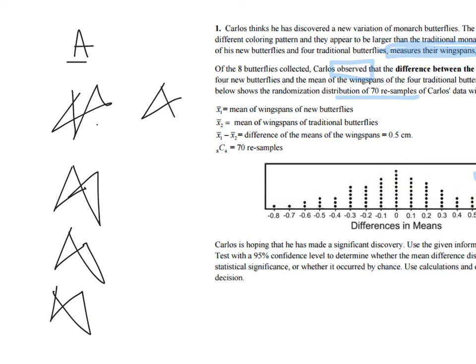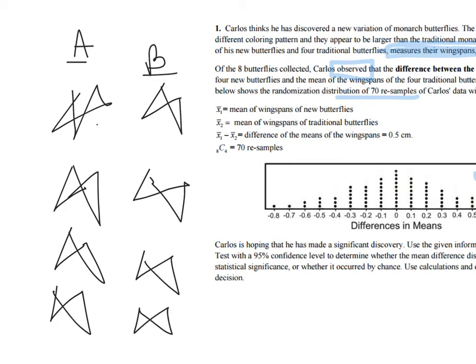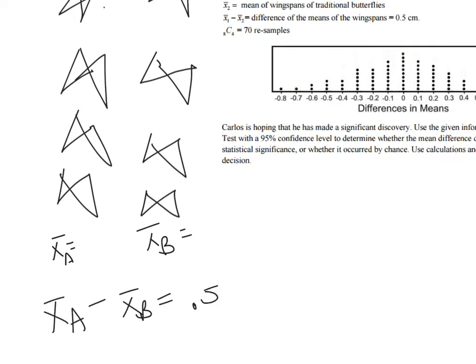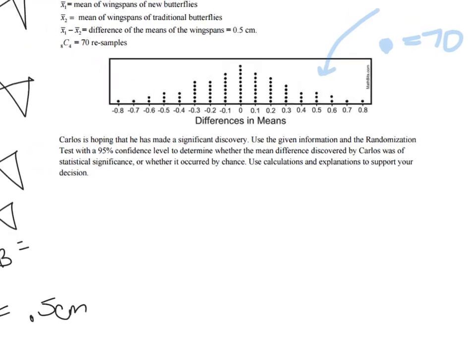This is group B. I am not an artist. So whatever their numbers are, he's adding them all up, dividing them by 4, and getting a mean. Mean A, mean B. And then he subtracts those means. And he got in the first sample 0.5 centimeters as the difference. He's doing that 70 more times. I hope that makes sense. That's what's happening here, just like the tomatoes from the previous lesson.